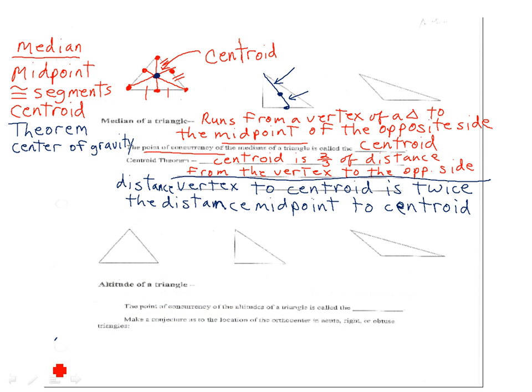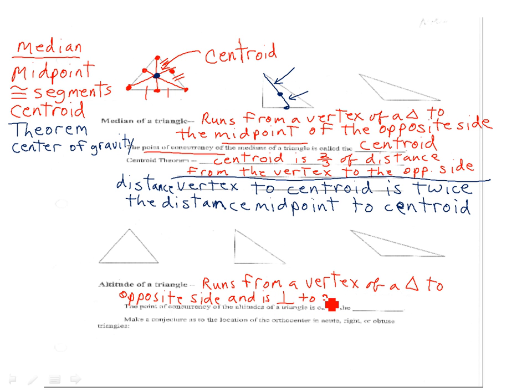So with altitude, I'm going to make the definition just a little shorter, hopefully it'll make more sense. An altitude of a triangle runs from a vertex, or one of the corners of the triangle, to opposite side and is perpendicular to opposite side.